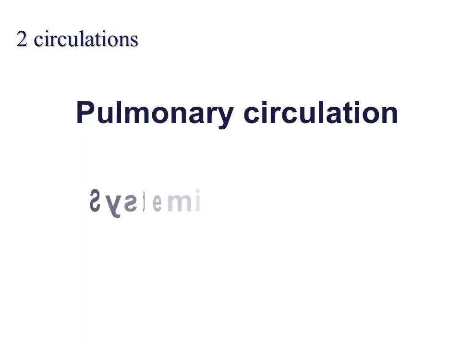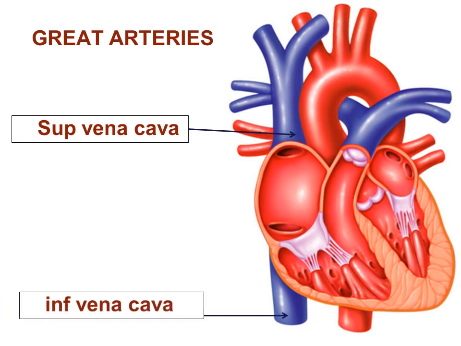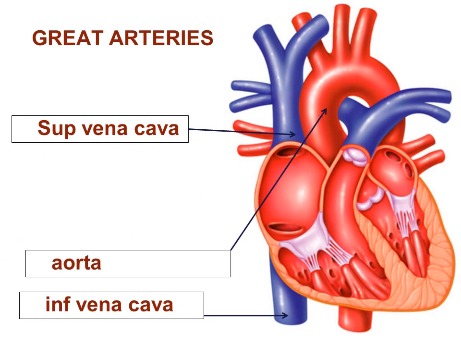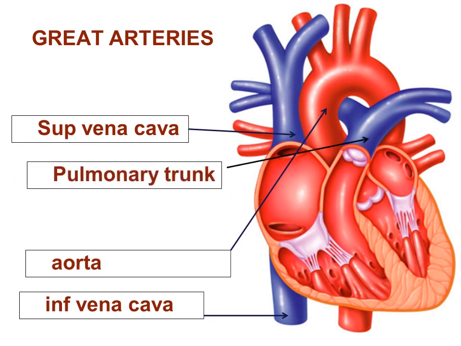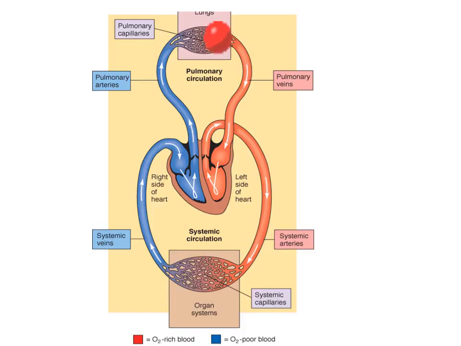We have two circulations, the pulmonary circulation and the systemic circulation. We must know the great vessels. This is the superior vena cava, and this is the inferior vena cava. This is the aorta, this is the pulmonary trunk, and the last one is the pulmonary veins.